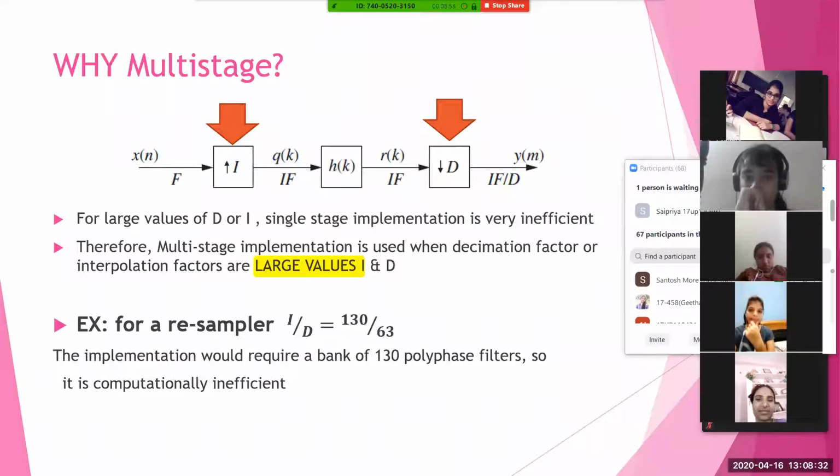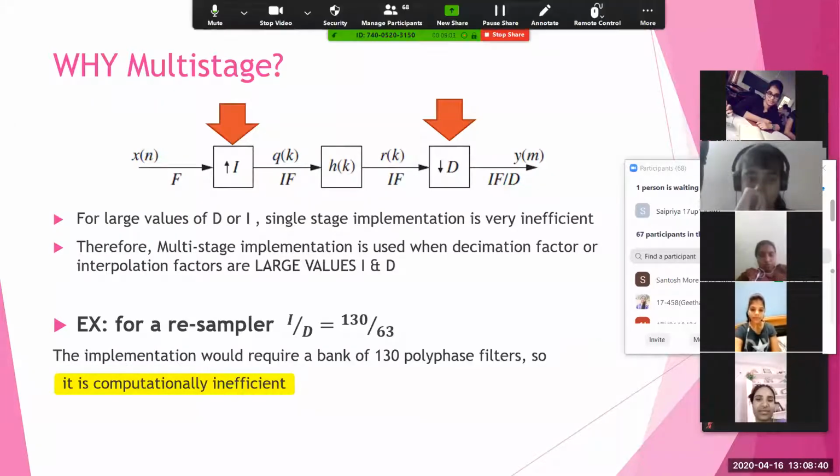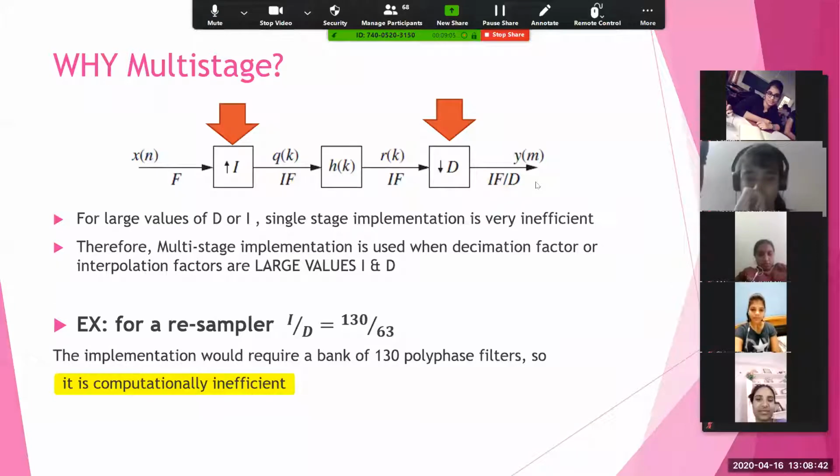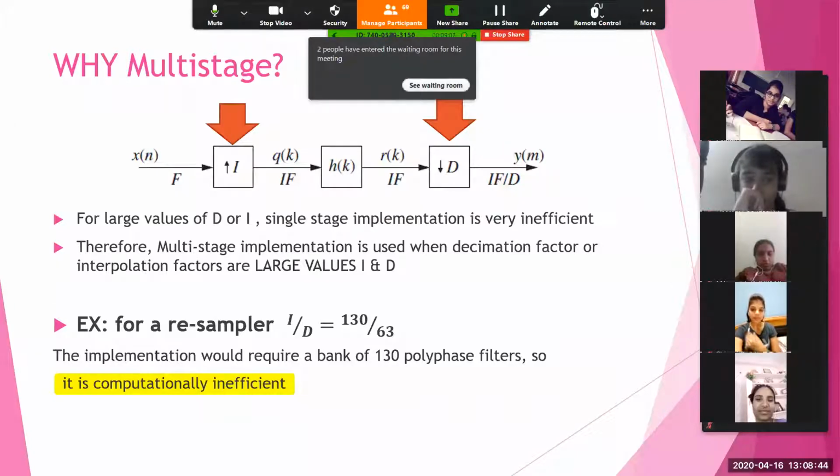Now, for instance, here is one example: the I by D factor is in fact 130 by 63. So which means we have to use a polyphase filter with almost 130 banks. We will be talking about it later. That's a very computationally inefficient method.